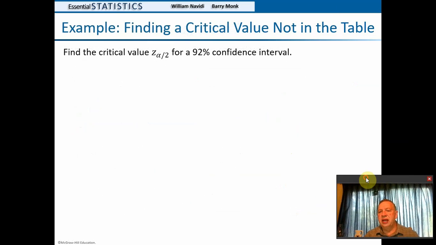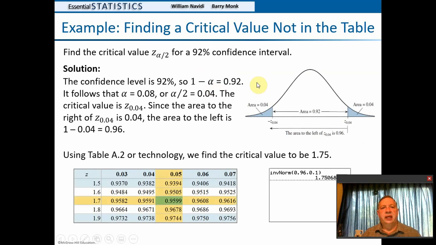So here's an example of finding one of the critical values that's not in that table. We'll use this frequently, and in the next section we have to do this each and every time. I want to find a Z alpha over 2 for a 92% confidence interval. So here is the 0.92. This is where we always start.